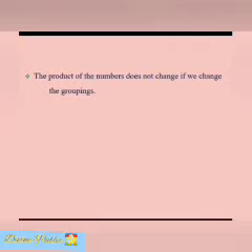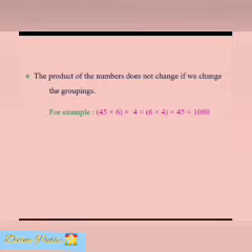The product of numbers does not change if we change the groupings. For example, 45 multiplied by 6 multiplied by 4 equal to 6 multiplied by 4 multiplied by 45. That should be 1080 or 1080. Both are the same.